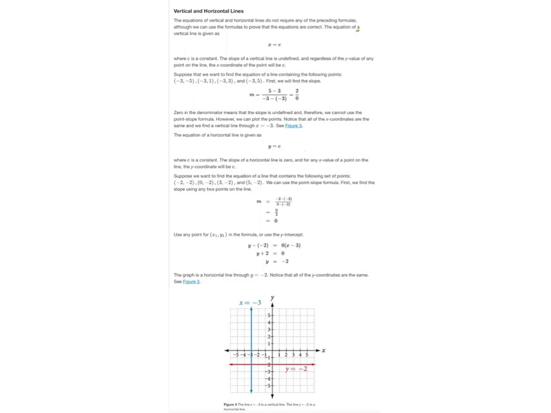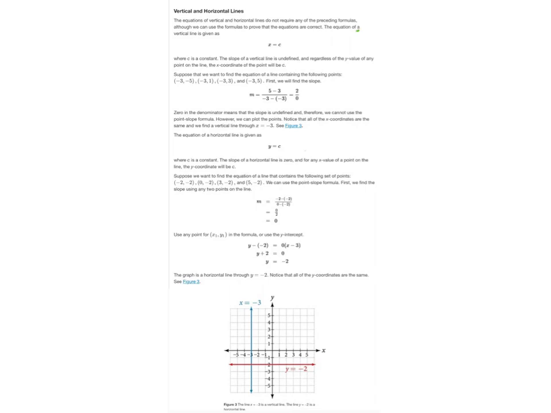Pretty much, you just look at the points. Either both x's are the same, so x equals that number, or both y values are the same, so y equals that number. That's how you read if it's a vertical or a horizontal line.